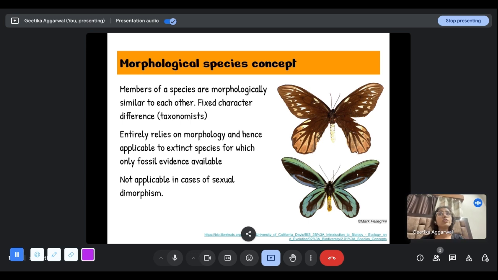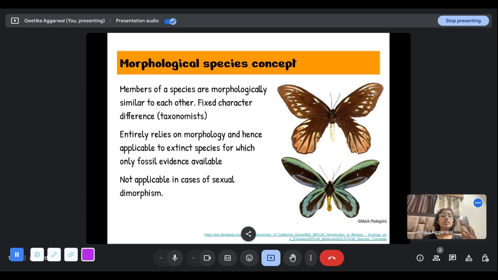There are spiders also, in which the females are 10 times bigger than the males, and they look very distinct from the males, and anybody would think of them as belonging to a separate species if they were not aware of their behavioral ecology or their reproductive behavior, right?